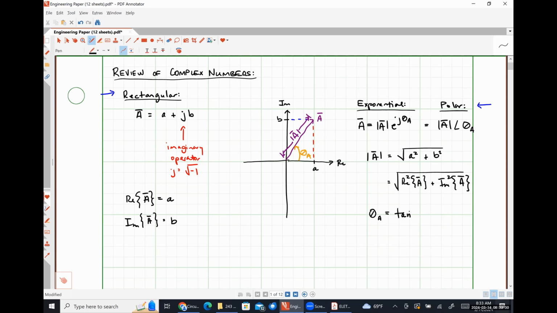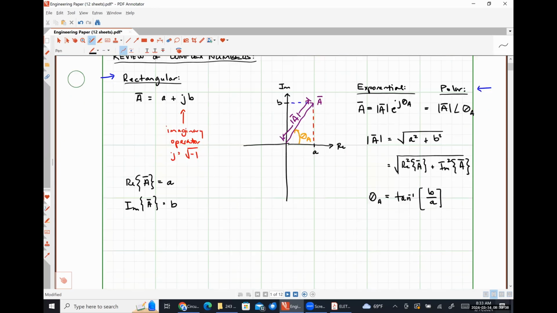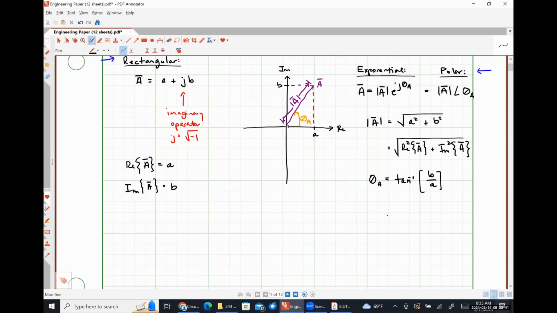So theta A is simply the inverse tangent of b over a, or more formally, the inverse tangent of the imaginary part of our complex number divided by the real part of our complex number.